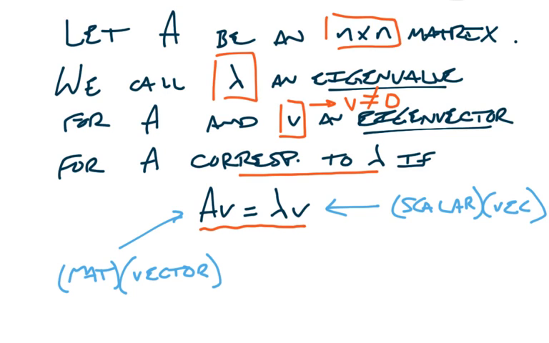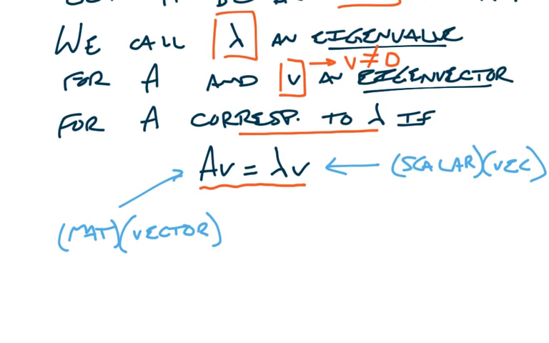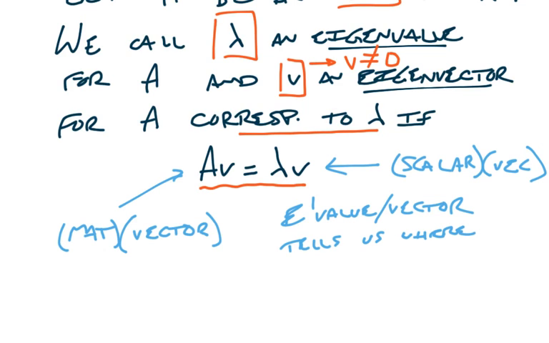Alright, so what eigenvalues and eigenvectors are asking and answering is, I'll very often abbreviate eigenvalue and eigenvector. The eigenvalue eigenvector pair is telling us where the matrix A looks like constant multiplication, basically rescaling.